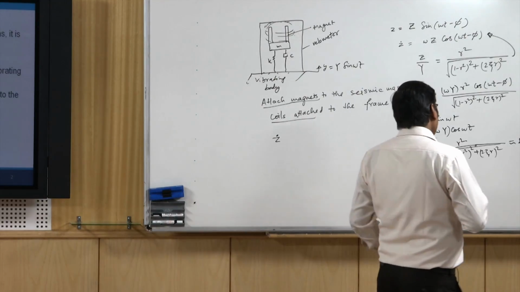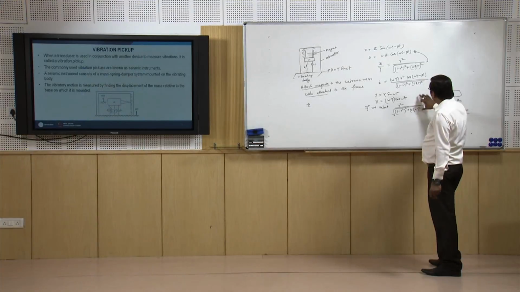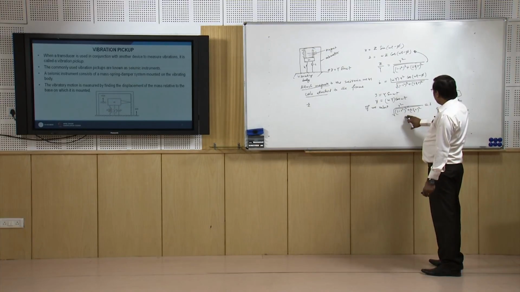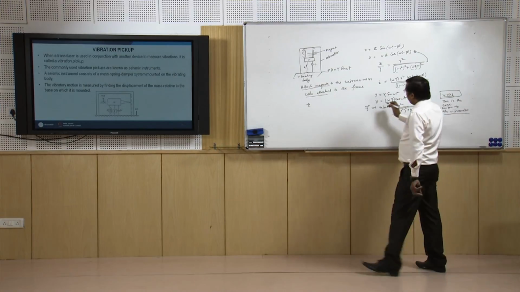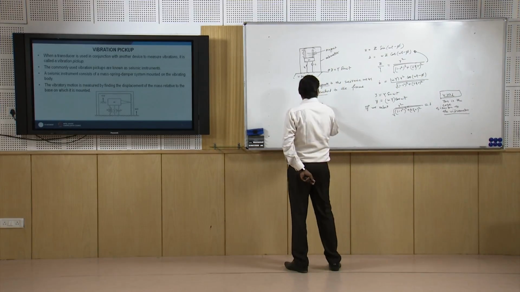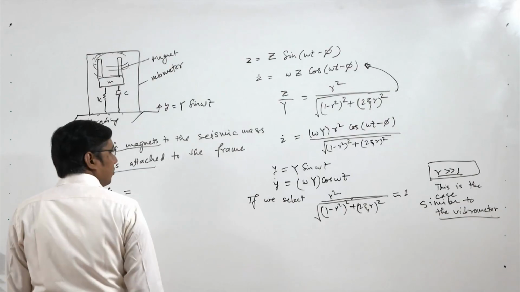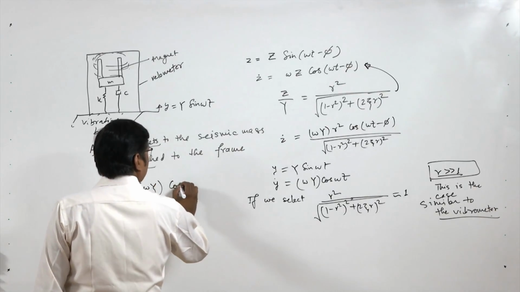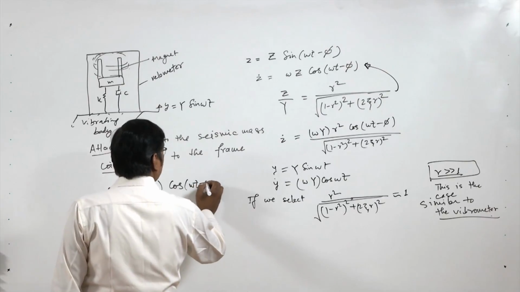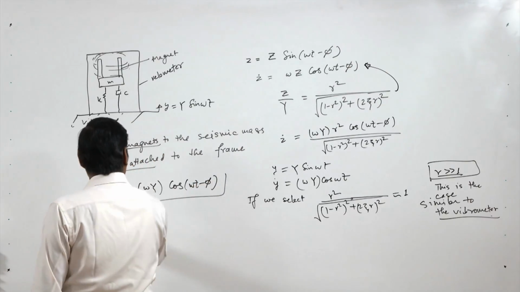So if we select R much greater than 1, that term will be about 1. So what will Z dot be? Z dot will be omega Y cos omega t minus phi.